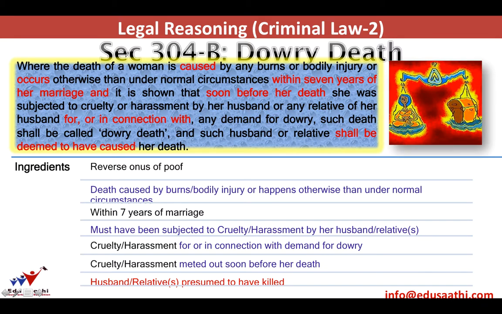Next thing we need to discuss here is section 304B of the Indian Penal Code, which gives the provisions for dowry death. Let's understand. This is the bare wording.